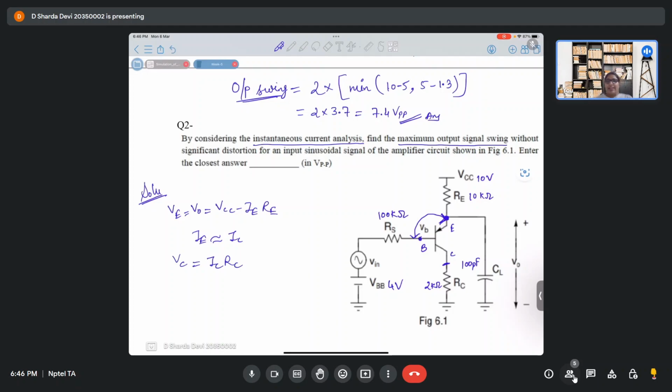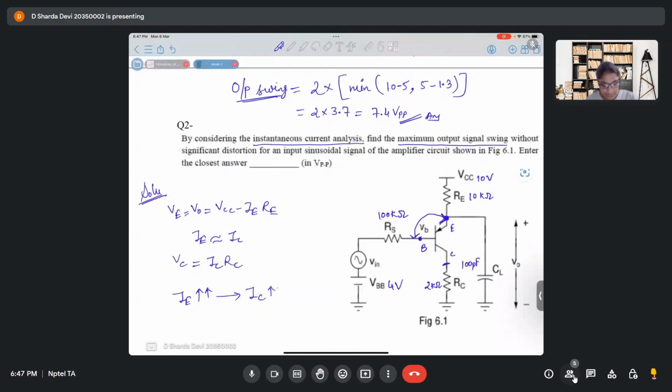This is okay for everyone? Yes, ma'am. Now, let's say somehow your IE increases. You have done biasing or changed something, and your IE increases. So what will happen? Because of this, definitely your IC would also increase.